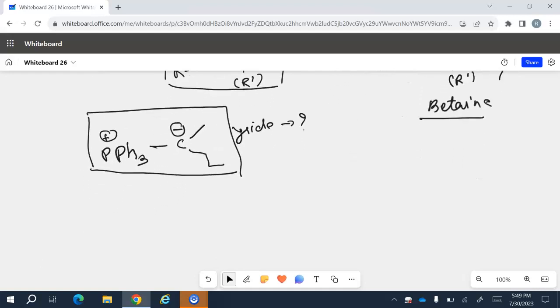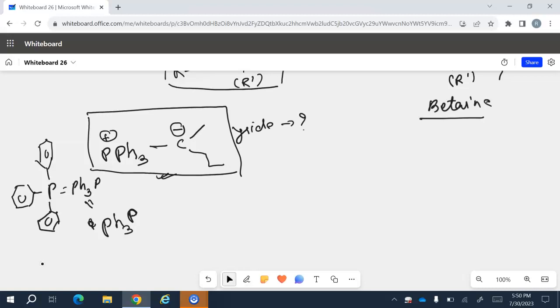Now, in order to prepare this ylide, first of all we need to have triphenylphosphine, Ph3P. Triphenylphosphine, as I wrote the structure previously, has three benzene rings attached to the phosphorus. You have 1, 2, and 3 benzene rings attached. So that is what we call Ph3P. It is written like this.